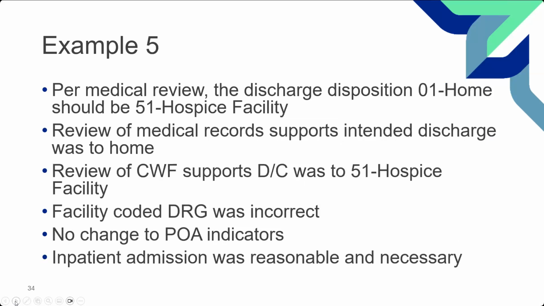a discharge disposition of 01, which is home, which was coded by the facility, and it should have been in this case 51, so a hospice facility. So after review of the medical records and the intended discharge, was found to be listed as the patient was going home, the review of the common working file in this case supported that the actual discharge was to a hospice facility. So the facility coded DRG in this case would be incorrect.